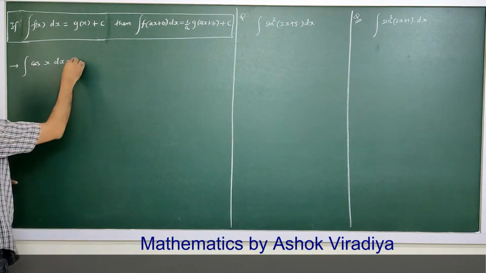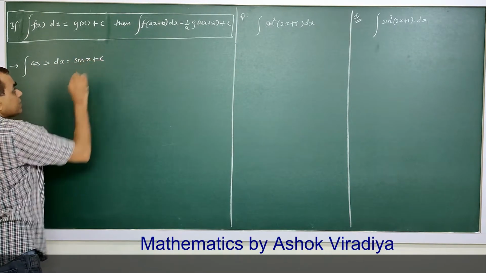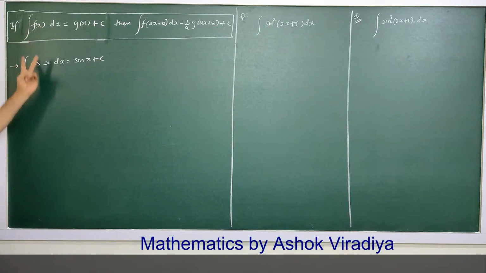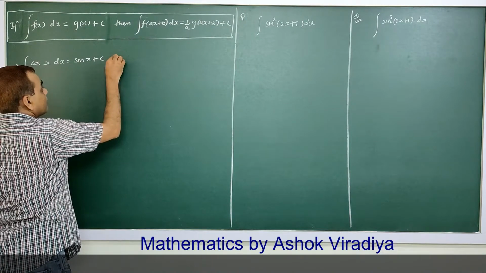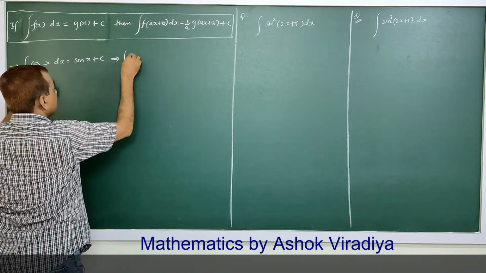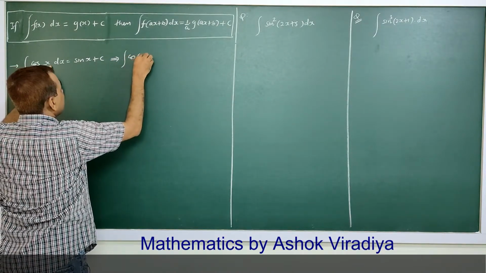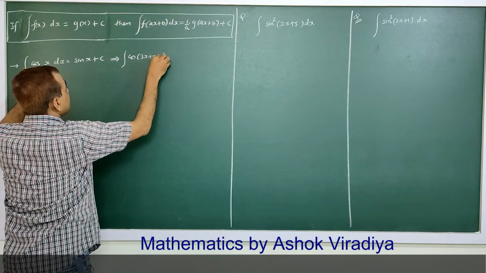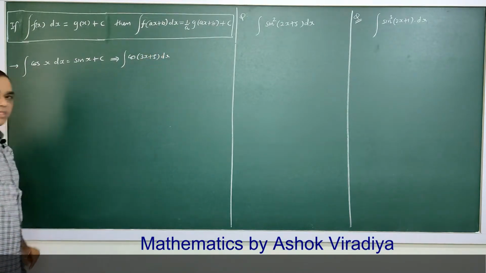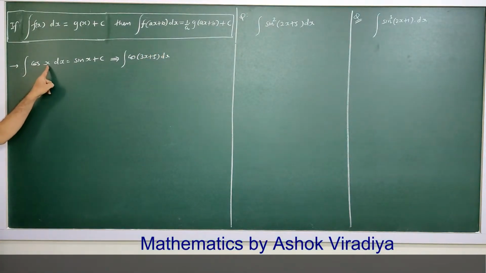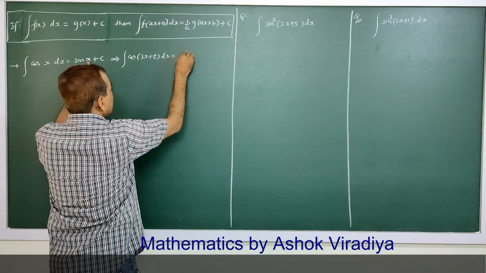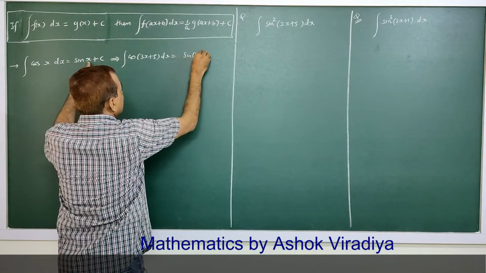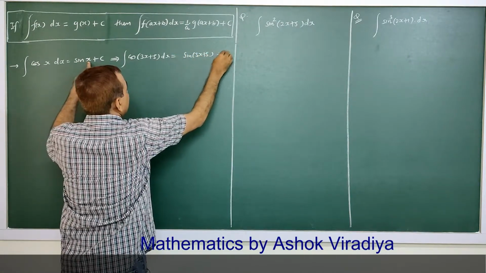The integral of cos x is sin x plus c, therefore the integral of cos of, if I keep here 3x plus 5, is sine of 3x plus 5 plus c.